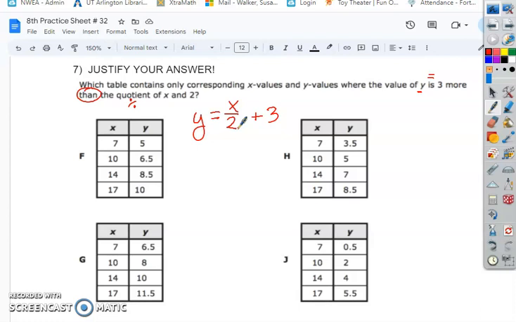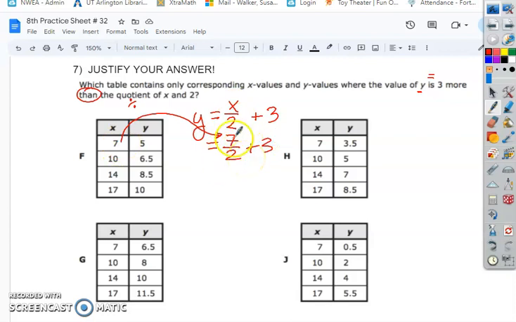We're going to check every value here, okay? So for instance, you're going to say, notice here, x is 7. This is going to be easy because x is 7 in all of these, okay? You're going to be able to find it right at the beginning. So I put a 7 here. This x right there, over 2 plus 3. Now I'm going to enter this in the calculator.